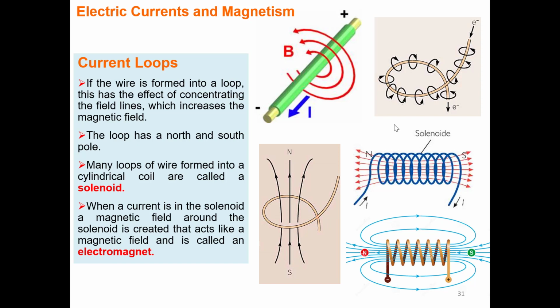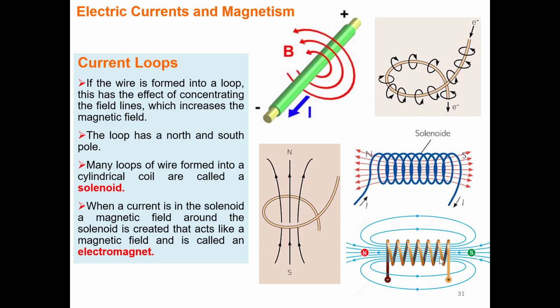And when many loops of wire are formed into a cylindrical coil, it is called a solenoid, like we had in this case. When we have a solenoid like this one and apply a voltage between its ends, the solenoid will act as a magnet.